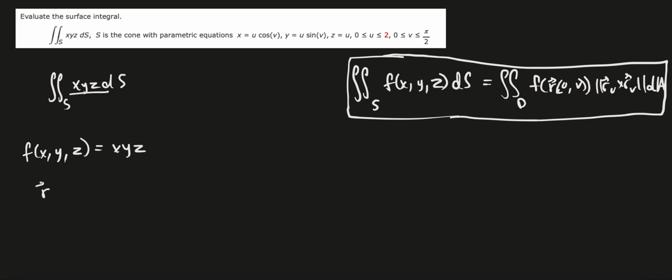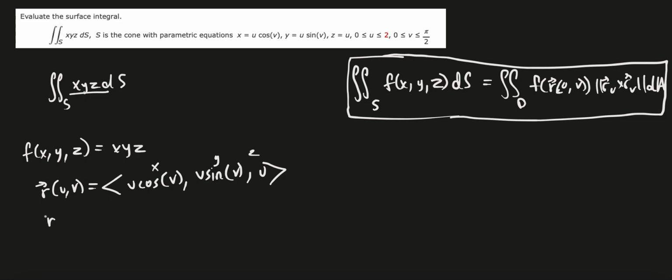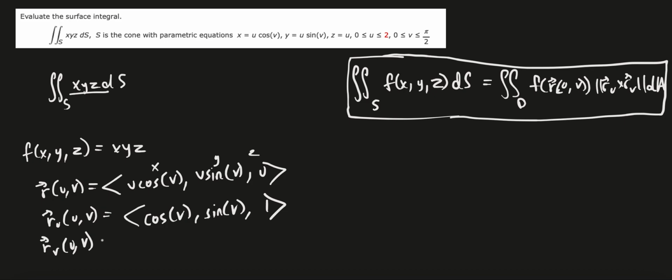So remember, r of u, v is just u cosine v, u sine v, and u. r sub u of u, v, treating v as a constant, is cosine v, sine v, 1. r sub v of u, v, treating u as a constant, is negative u sine v, u cosine v, and 0.